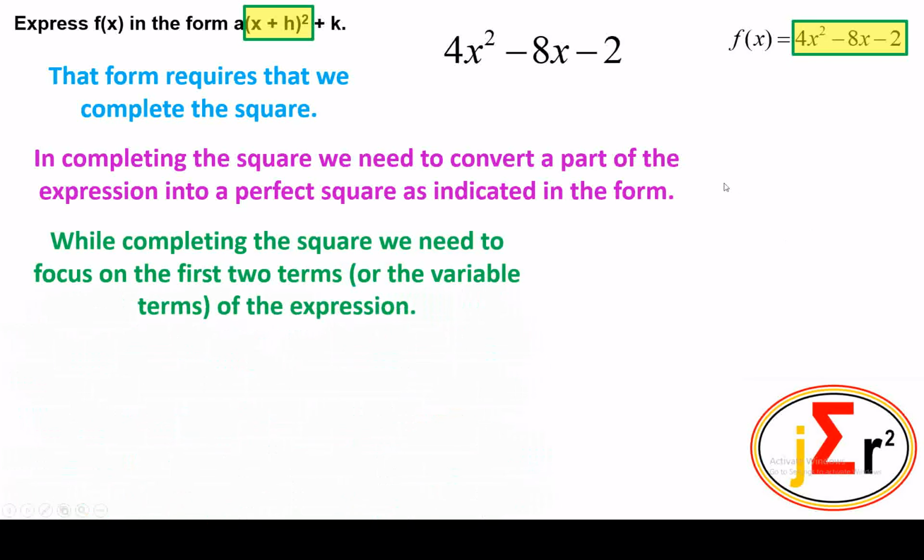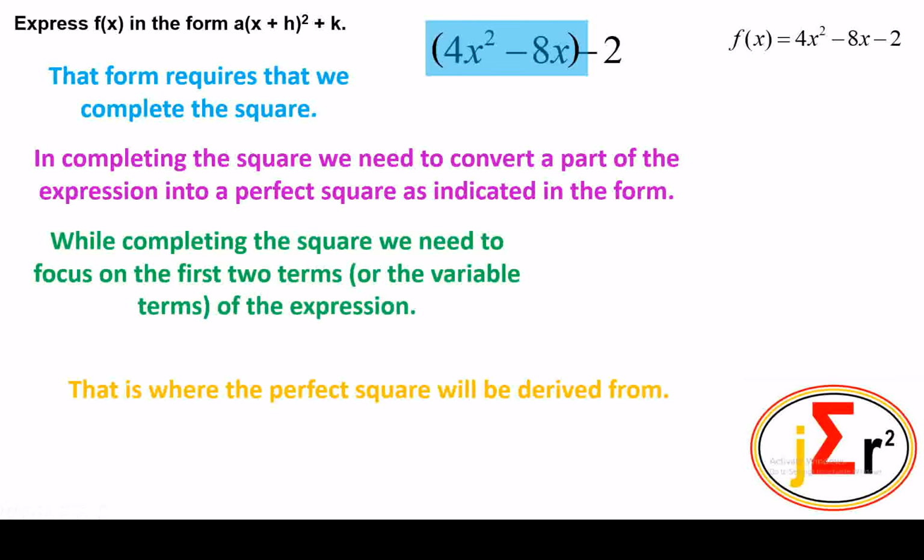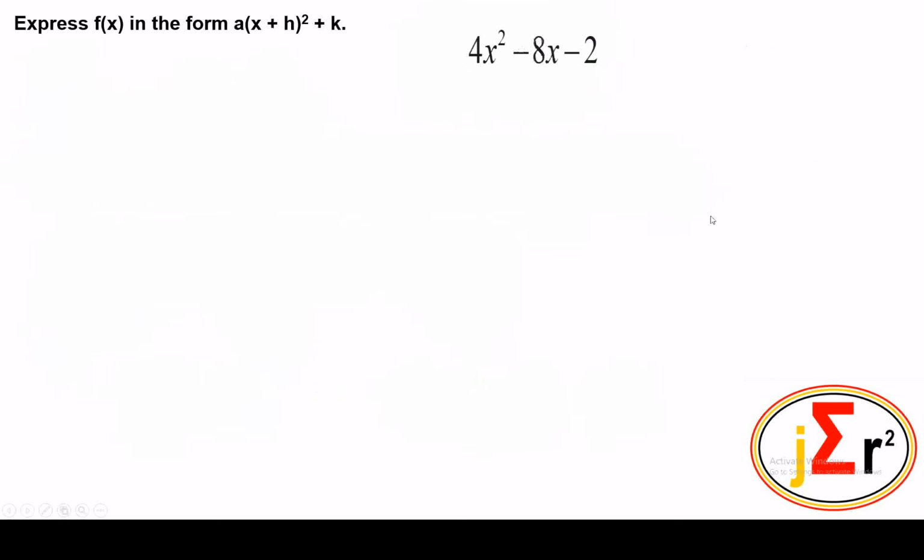While completing the square, we need to focus on the first two terms, or the variable terms of the expression. That is where the perfect square will be derived from. We will therefore get a hold of those two terms right at the beginning.